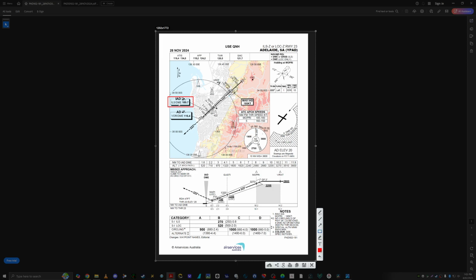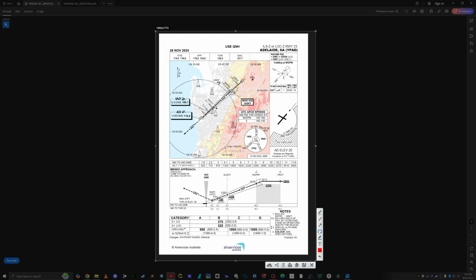When you dial up 109.7 for Adelaide, if you're flying the 737, you should see IAD on your primary flight display. If you tune to that frequency, you've got the Morse code, and that's pretty obvious.